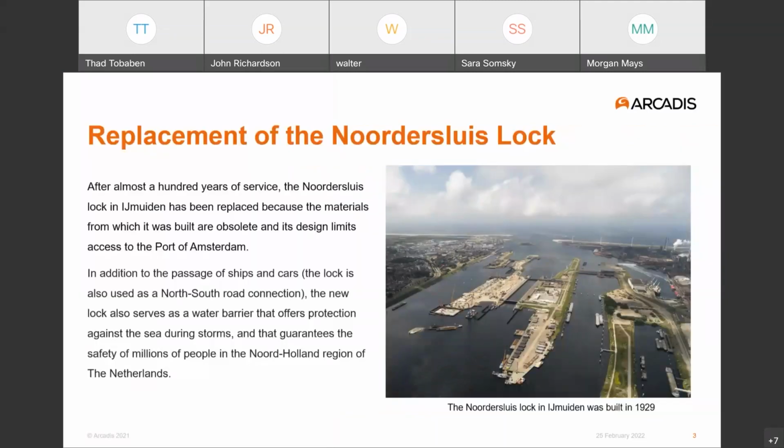So to give you a little background about the project, almost 100 years ago, there was a lock referred to as the North Lock.